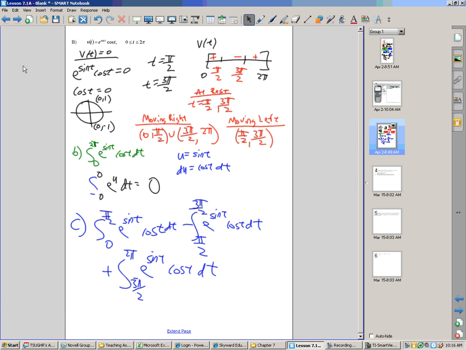If I plug pi over 2 into here, the sine at pi over 2 is 1, of e to the u du. Then we're going to subtract. If you plug pi over 2 in, you get 1. If you plug 3 pi over 2 in, you get negative 1, of e to the u du. And then we're going to add. 3 pi over 2 is negative 1. 2 pi is 0, of e to the u du.